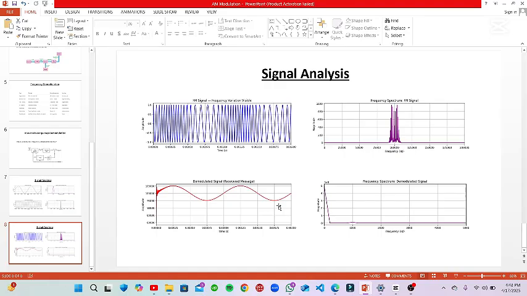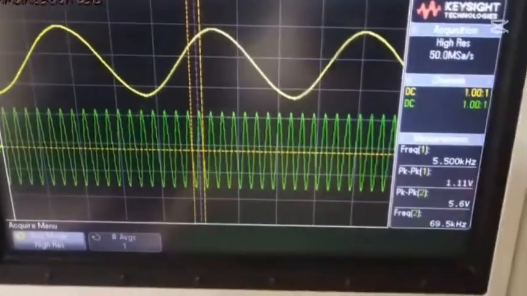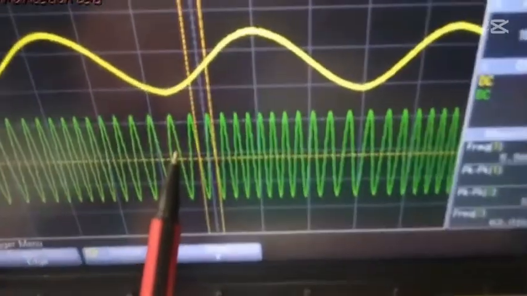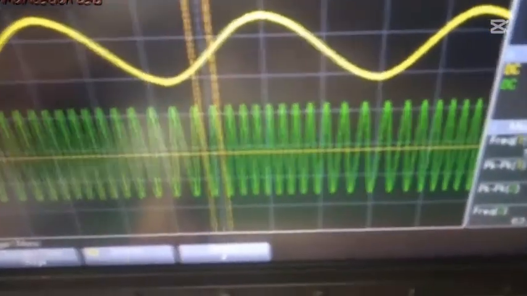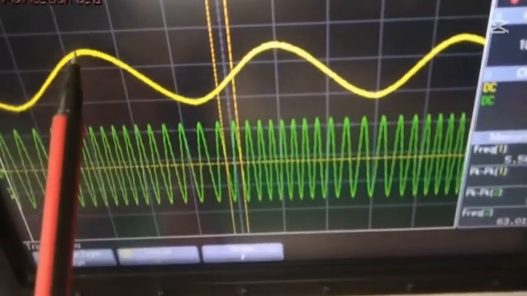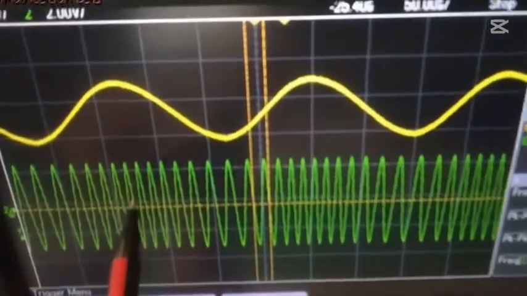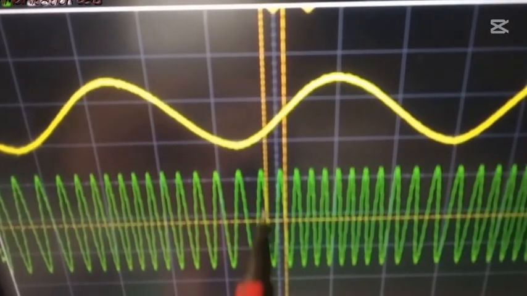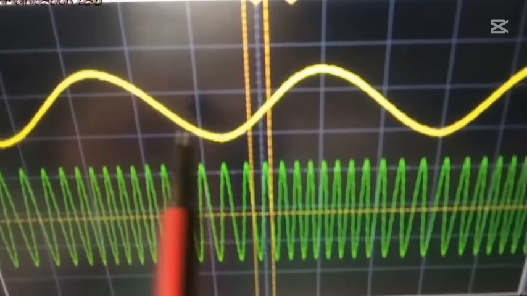Now let's see some practical things so that we can understand it in much more detail. The upper signal is the message and the lower signal is the carrier. Now this is the modulated wave that we have. The upper one is the message signal and the lower one is the modulated signal. You can see that where the amplitude of the message is high, we have a higher frequency, and where the amplitude of the message signal is low, the frequency of the modulated wave is low.